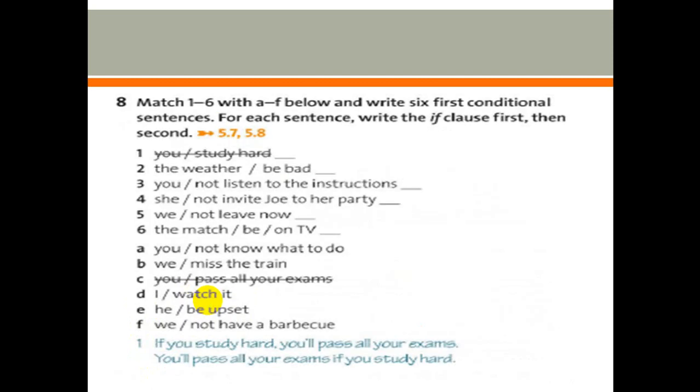Now 8. Match from 1 to 6 with A to F below and write 6 first conditional sentences for each sentence. Write the if clause first, then the second. Let's write 6 conditional sentences, putting the if once at the beginning and once at the end. This way you practice the same meaning; only the comma changes. It's like putting the predicate before the subject in Arabic. Same meaning, but we did a switch.